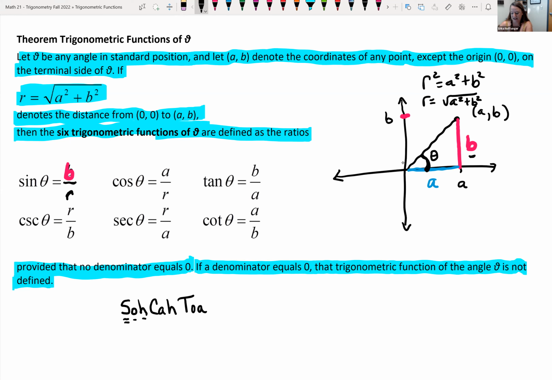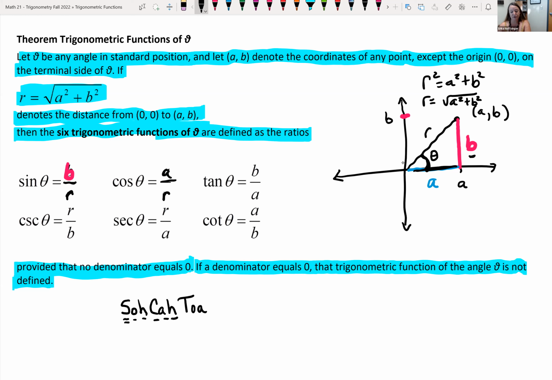Cosine theta is adjacent over hypotenuse. So adjacent is side A, all over hypotenuse, which is R. So it continues to be the same thing that we had before. And so tangent theta, opposite over adjacent, is B over A in this instance.